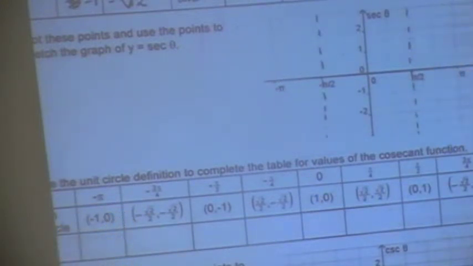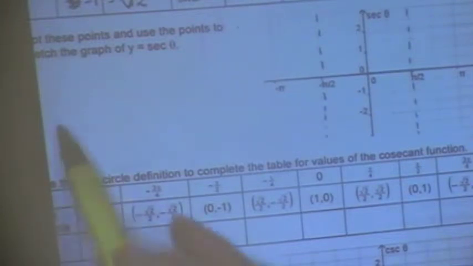The reason you need to know that is because this time some of my y values don't come out even. So I get, for -pi, I get -1. So there's a dot there. And then for -3/4 pi, which would be this spot right here, I get -√2, which is about -1.4-ish.